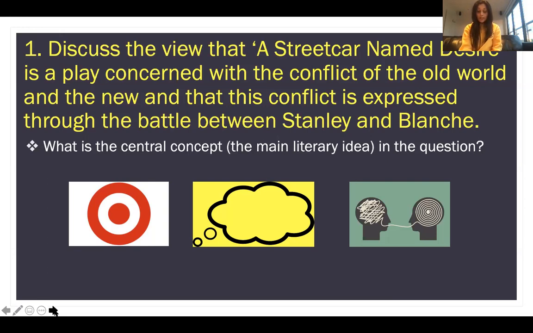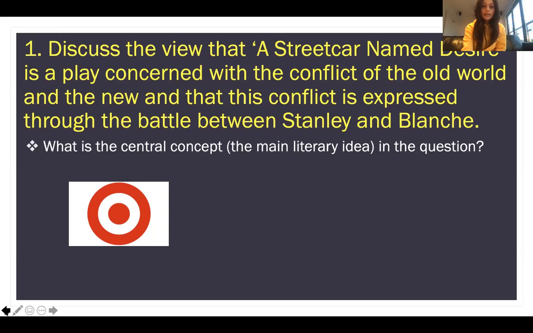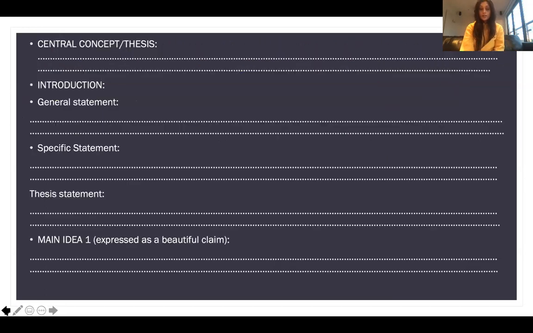First of all, the first step is going to be 1 minute, and that is just to write down the key words of the question. I'd like you to do that on this open tab here where it says central concept. So I'd like you to write the key words right there, okay?